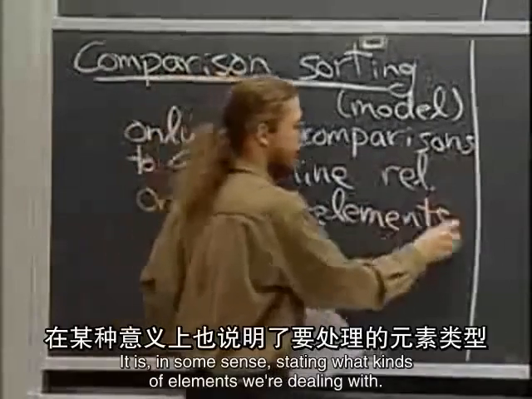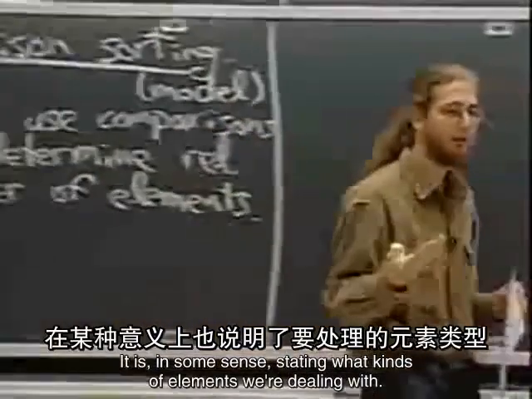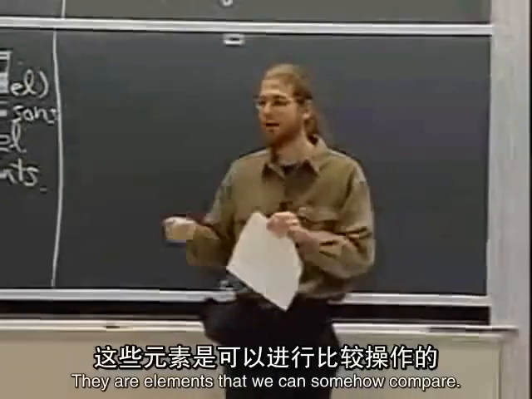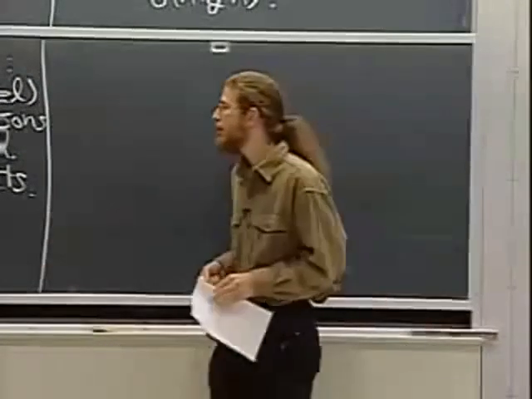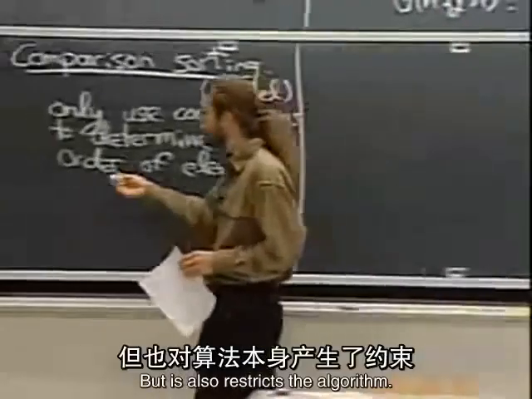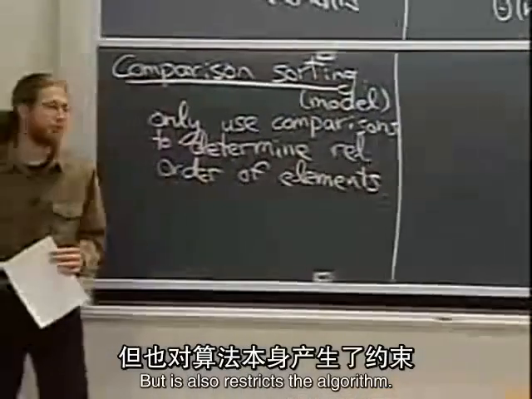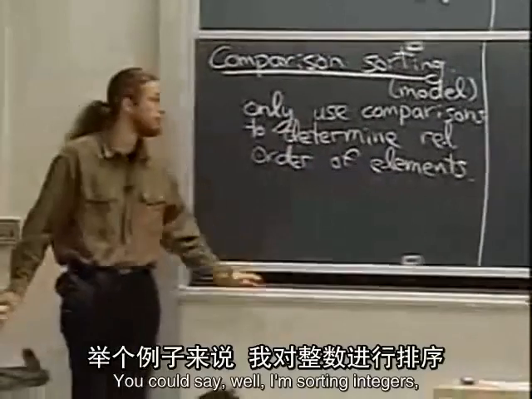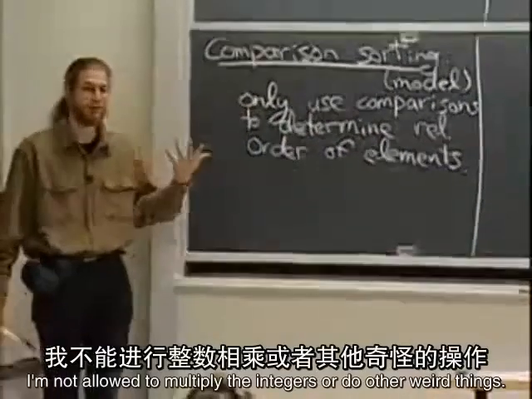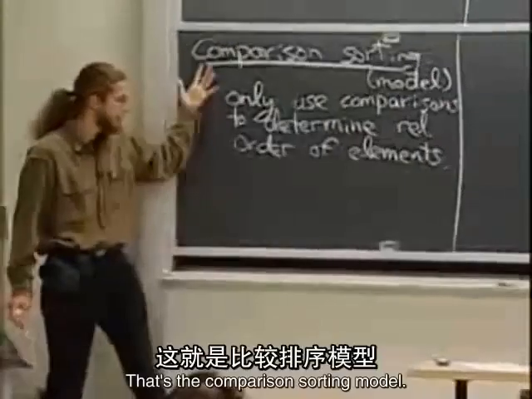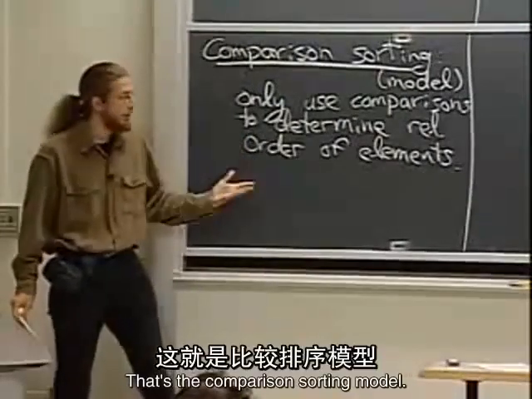It's in some sense stating what kinds of elements we're dealing with. They're elements that we can somehow compare. They have a total order. Some are less, some are bigger. But it also restricts the algorithm. So you could say, well, I'm sorting integers, but still I'm only allowed to do comparisons with them. I'm not allowed to multiply the integers or do other weird things. That's the comparison sorting model.